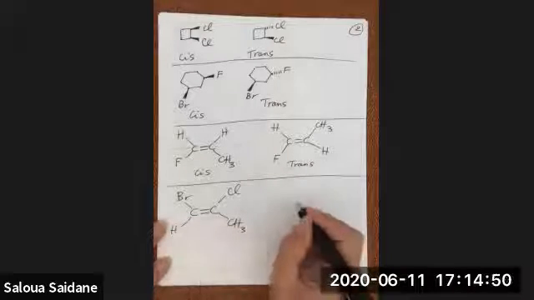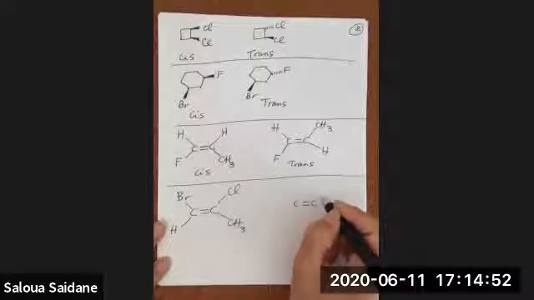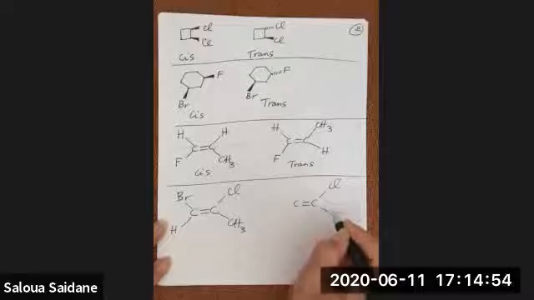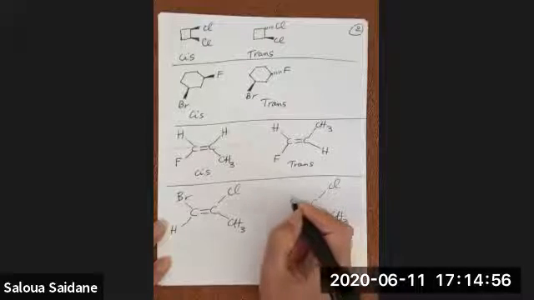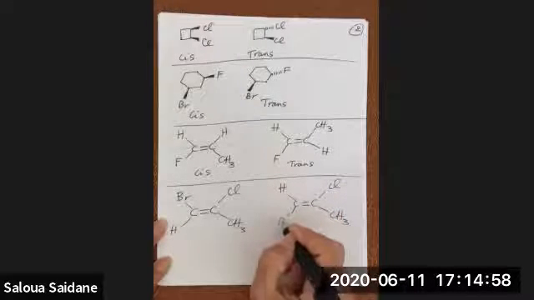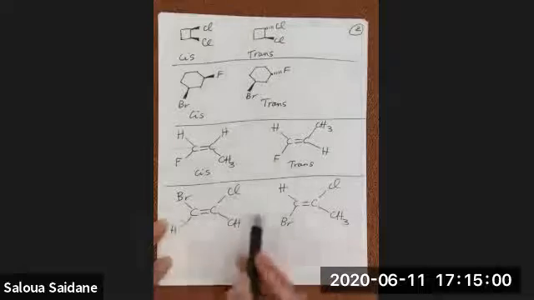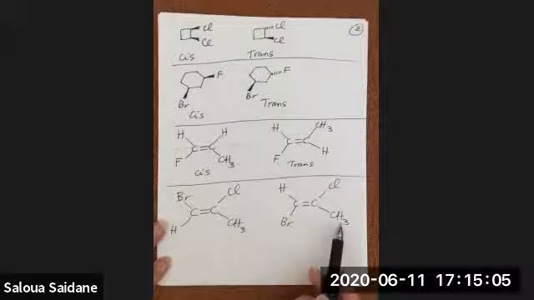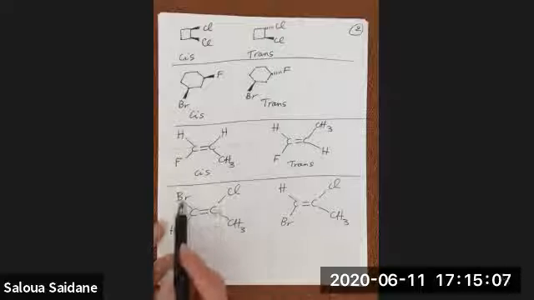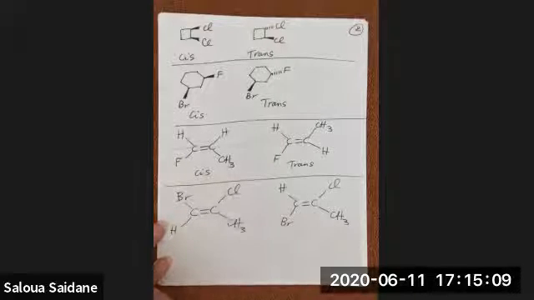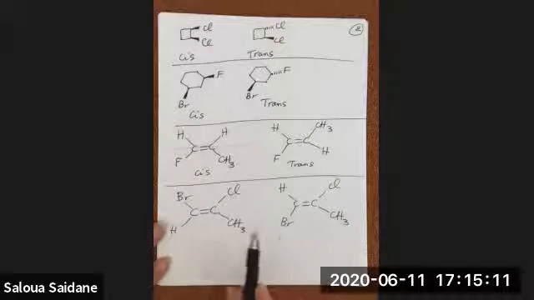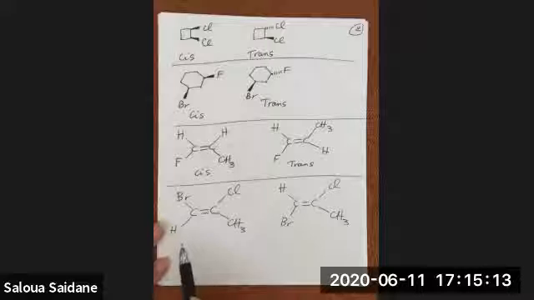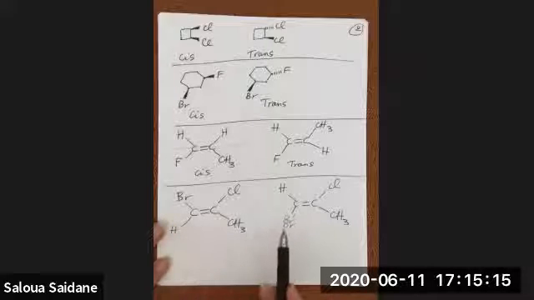Now you see here, I can write the Cl, the CH3, and then H and Br. So you see that these two are completely different. The Br here is on the same side as the CH3. The Br here is on the same side as Cl. So is this a cis or a trans? And the answer is neither. It's not a cis, it's not a trans.